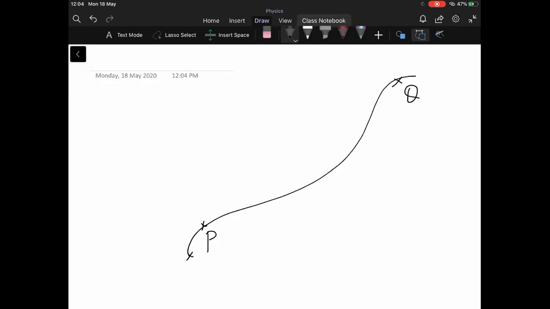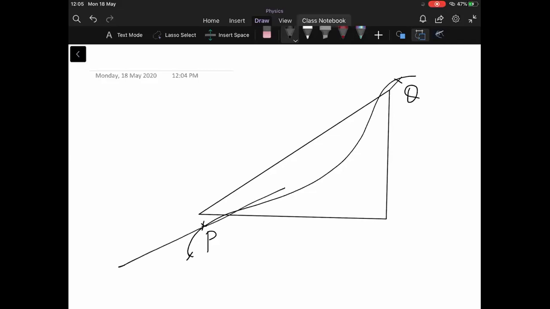Then you will draw this triangle and get some slope. If you want the exact slope at this point, which is this line, you need to draw the tangent here. Tan theta of that tangent will be the slope. This thing we have already covered.